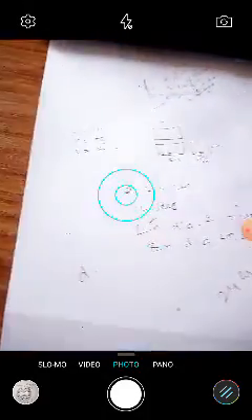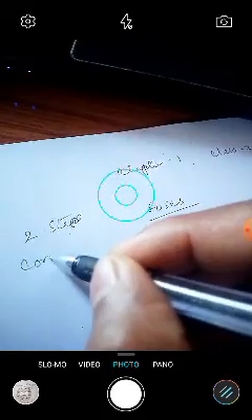Now for the second one, for two step, the core value is given as 24 centimeters.